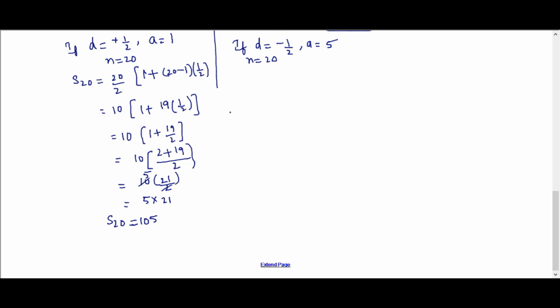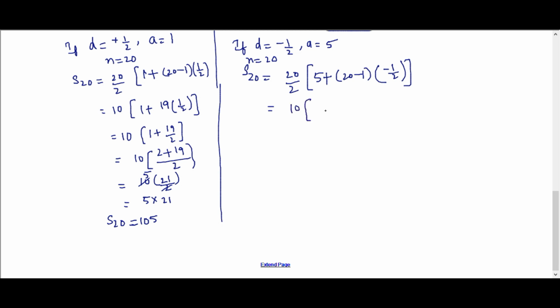So S20 is 105. Now what about this one? In this case also S20 should be equal to 20 by 2, bracket a is 5 plus 20 minus 1 into d is minus 1 by 2. Use brackets please. And then 5 plus 19 times minus 1 by 2. This will become 10 times 5 minus 19 by 2, because plus into minus is minus.